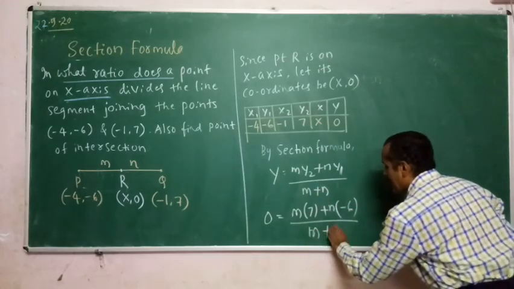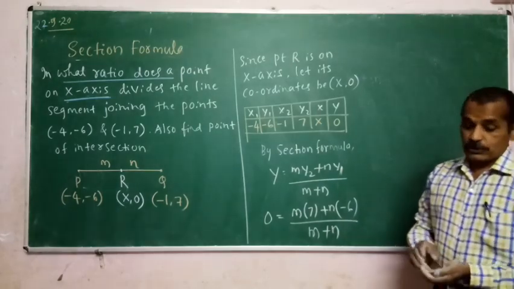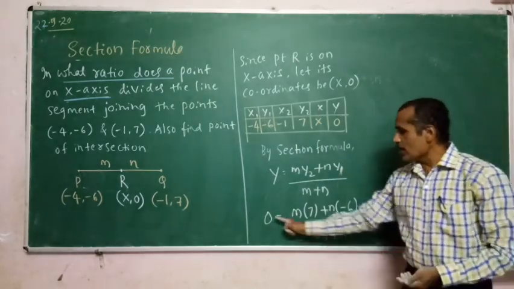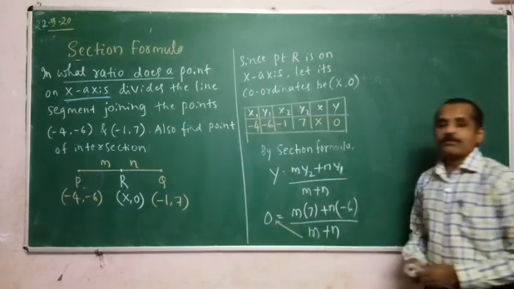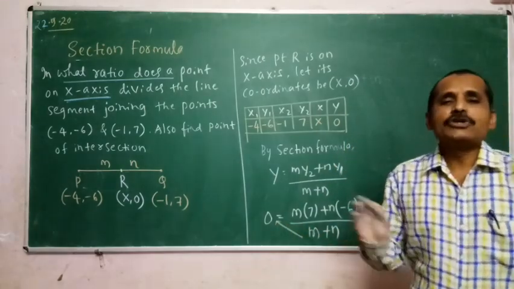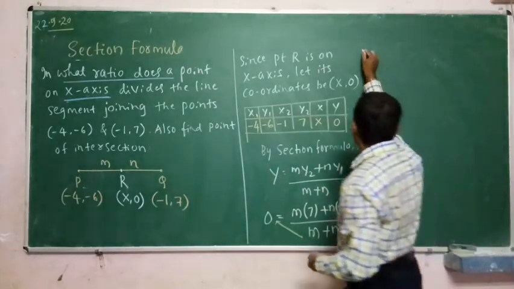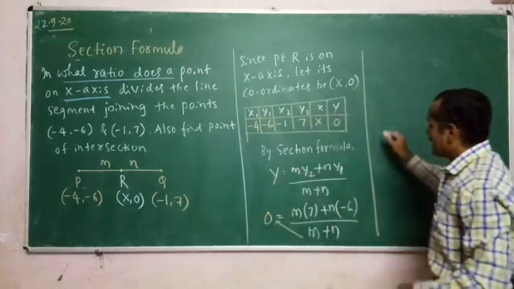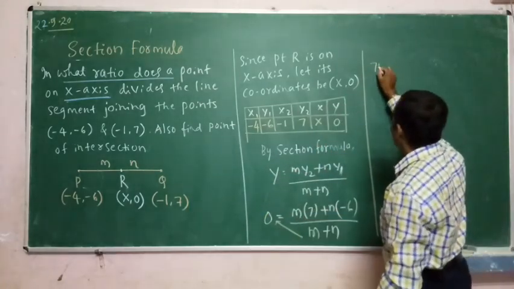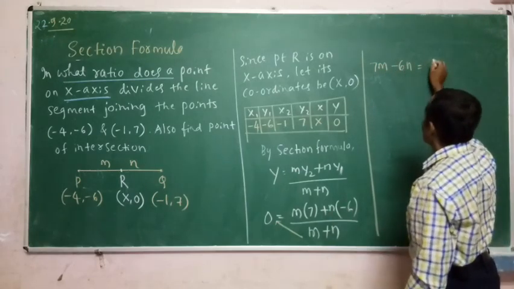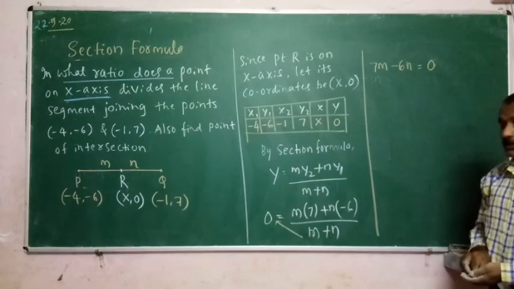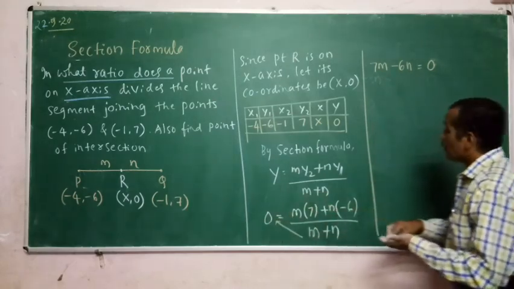Listen very carefully, students. I will cross multiply. (m + n) into 0 gives you 0 only. What is left out? I can write this as 7m - 6n equals 0.